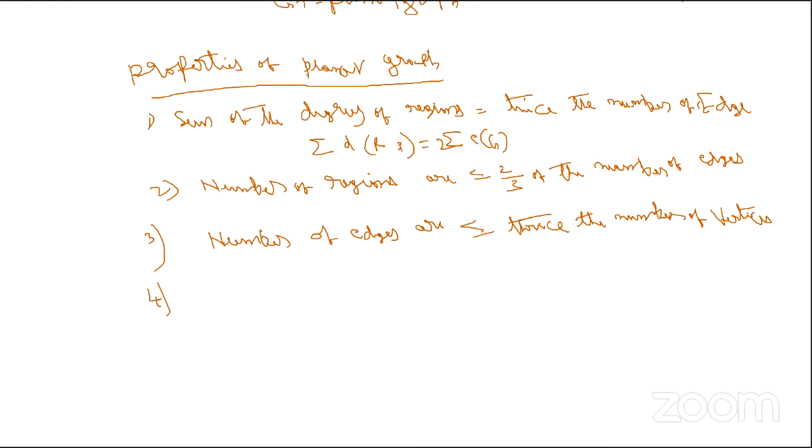Kn is planar if and only if n is less than 5.